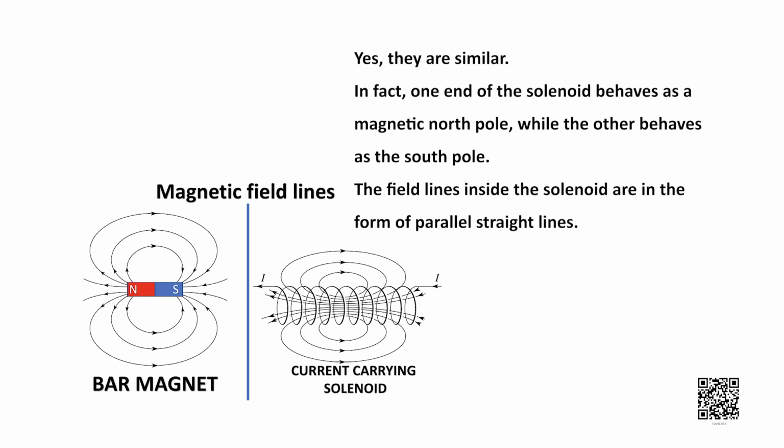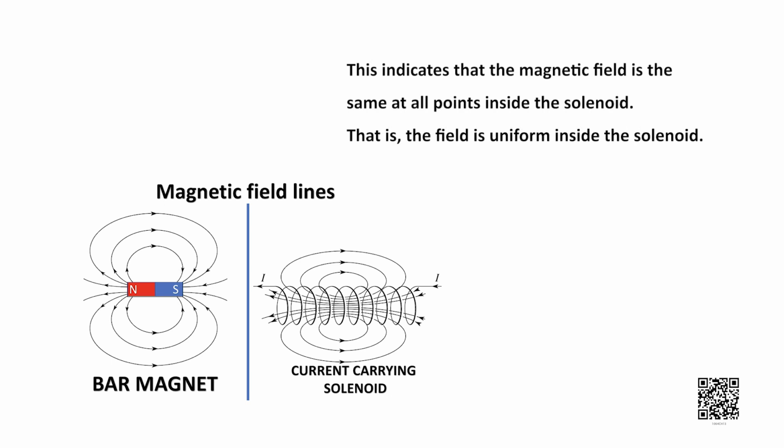In fact, one end of the solenoid behaves like a magnetic north pole, while the other behaves like a south pole. The field lines inside a solenoid are in the form of parallel straight lines. This indicates that magnetic field is the same at all points inside the solenoid. That is, the field is uniform inside the solenoid.